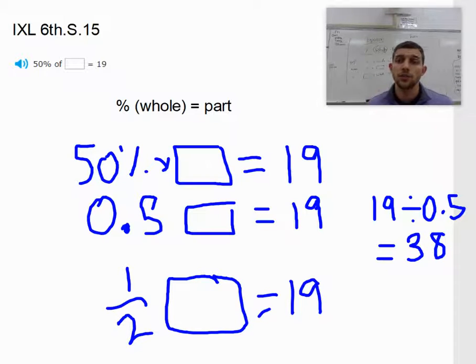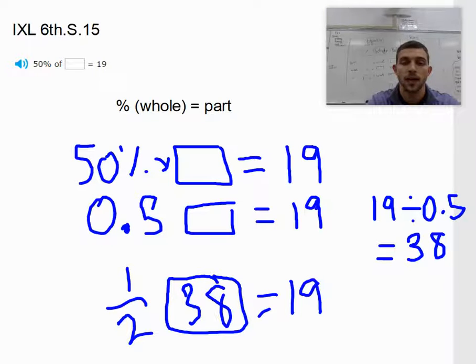The other way is if you understand fractions, you know that if 19 is half, we can just multiply times 2, because 1/2 times 2 is a whole, and 19 times 2 will give us 38. So either way, you can use a calculator and reverse your multiplication by dividing, or you can use your understanding of fractions to be able to find 38.